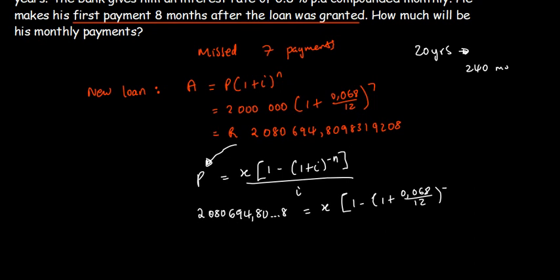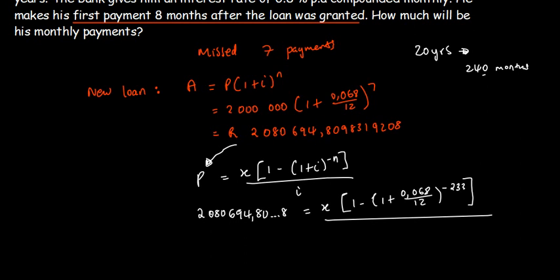So to get the number of payments that are left that should be made, you say 240 minus the 7 missed payments. So when you say 240 minus 7, you should get 233. That will give you the payments that are still to be made after the 7 missed payments.